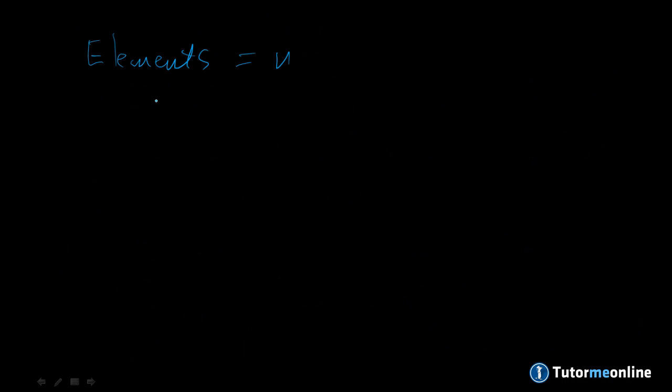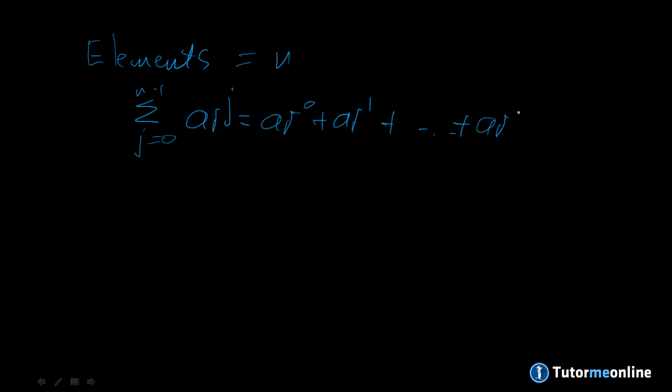Let's just repeat this equation. We say the sum of j equal to 0 to n minus 1 of ar to the power of j is equal to ar to the power of 0 plus ar to the power of 1 plus ar to the power of n minus 1.